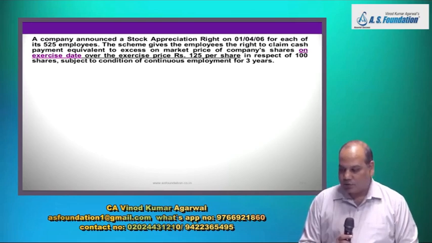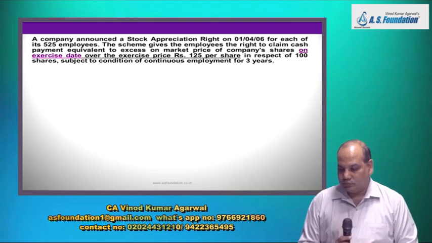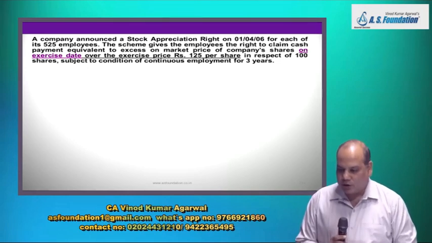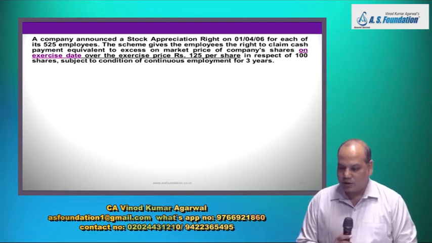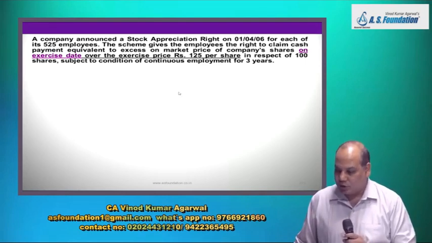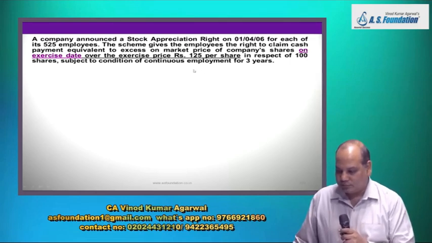On 1/4/2006, for each of its 525 employees, the scheme gives the employees the right to claim cash payment equivalent to the excess of the market price of the company share on the exercise date over the exercise price of rupees 125 per share, in respect of 100 shares, subject to the condition of continuous employment for 3 years.